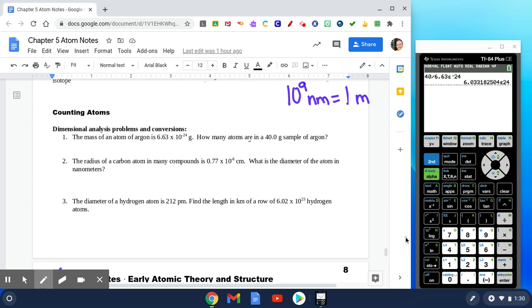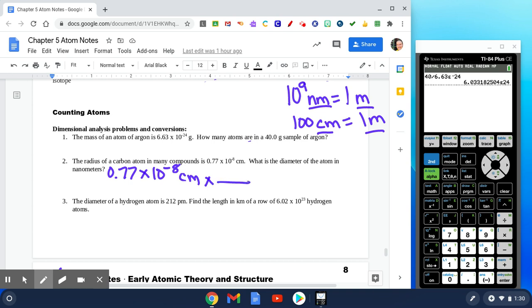The other thing you need to know here is 100 centimeters is equal to 1 meter. If you know both of those things, you can solve this problem pretty easily, because we're going to go from centimeters to meters, then from meters to nanometers. So we're going to start with 0.77 times 10 to the negative 8th centimeters.